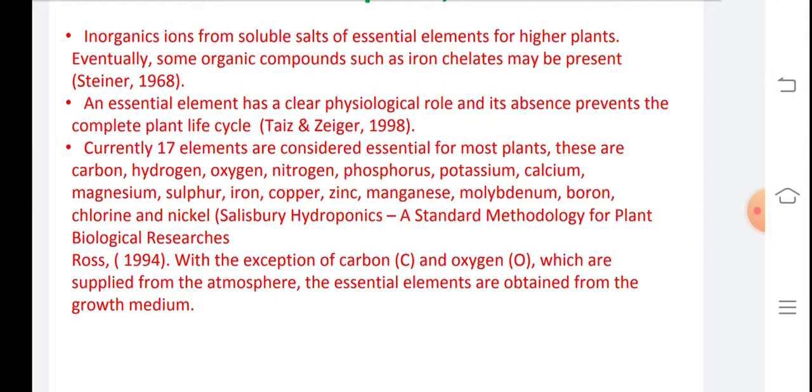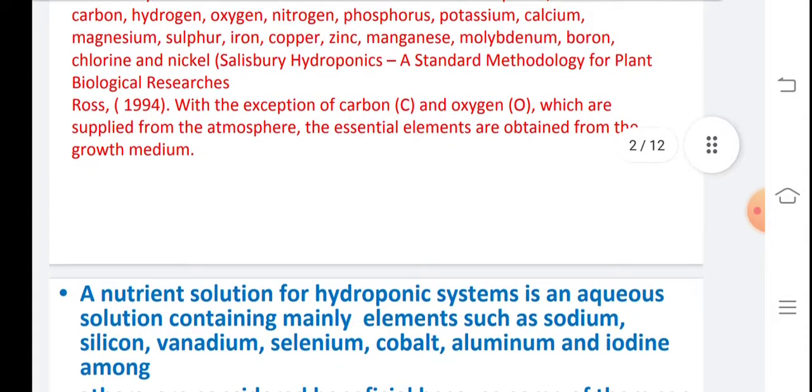As per the hydroponics technique, Salisbury gave a standard methodology for plant biological research. Second, the scientist Ross in 1990 showed that, with the exception of carbon and oxygen, which are supplied from the atmosphere, these are essential elements which are obtained from the growth media.